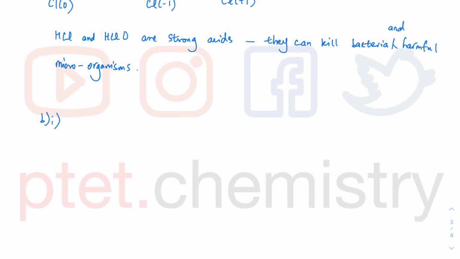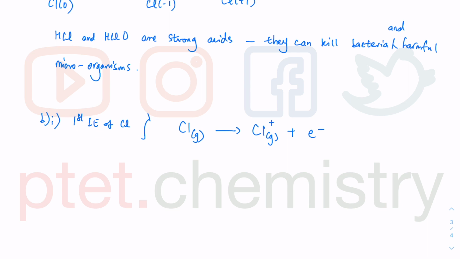In B part 1, you are asked for an equation for first ionization energy, and this is of chlorine. So what you know is that first ionization energy goes from the gaseous atom, giving you the gaseous ion with a single positive charge. Ionization is to do with losing electrons.